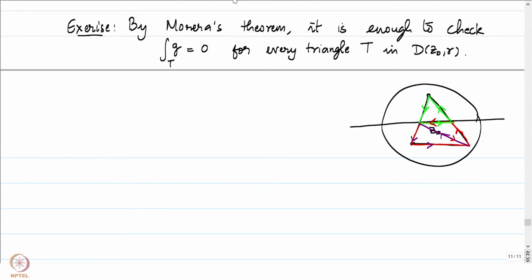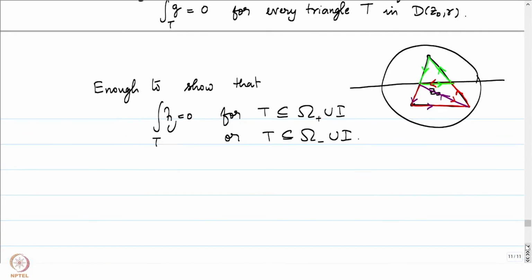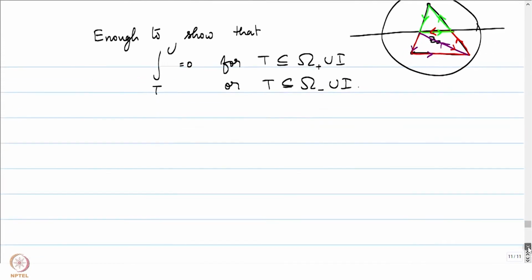There are many cases that might come up. Let me just write down what we would like to do: it is enough to show that the integral of g over T is equal to 0 for T contained in either omega plus union I, or T contained in omega minus union I. If we show it for these cases by considering the various cases that come up, the image tells us that the integral of f over every triangle is going to be 0. So, this is enough for us to establish our result.